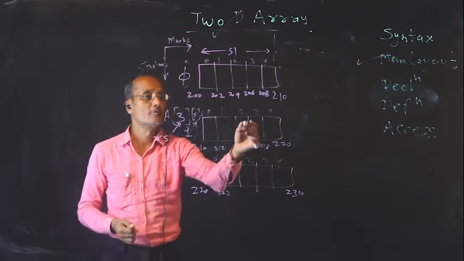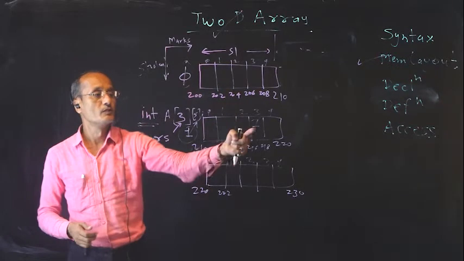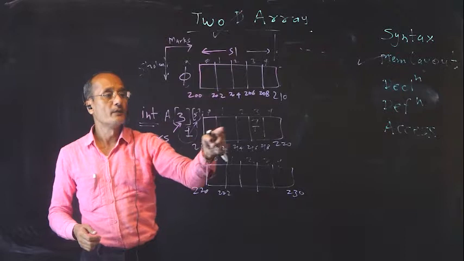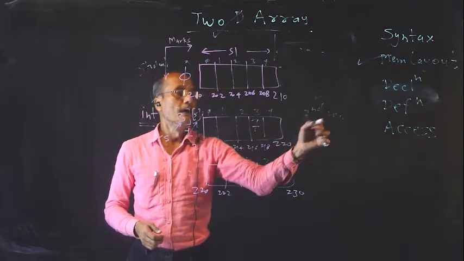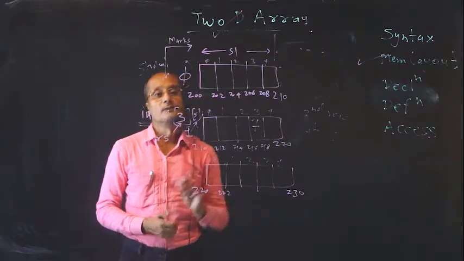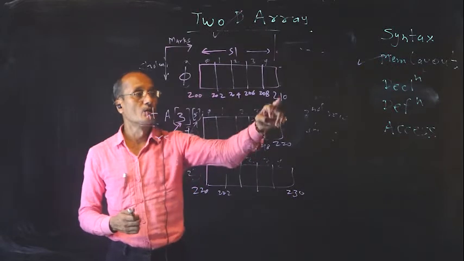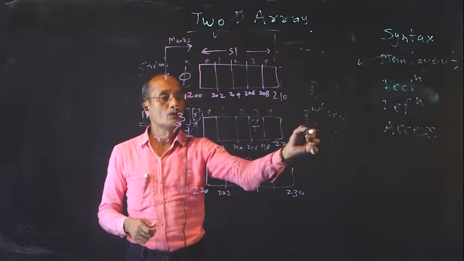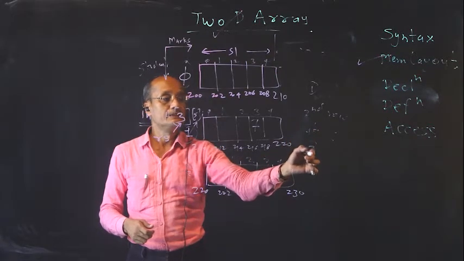Now for example, if I am storing here 7, as you see in the diagram, I want to store the number 7 here in the second row and fourth column. I repeat, second row and fourth column. Second row meaning row index is 1, and fourth column meaning column index is 3.